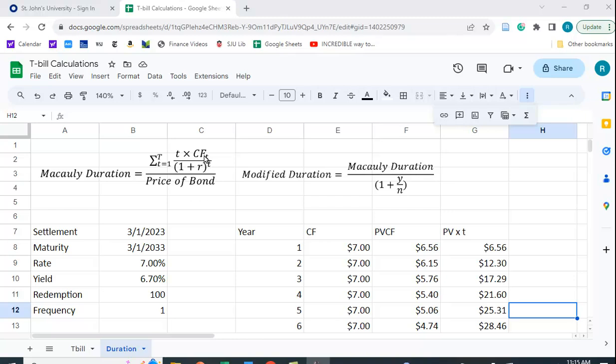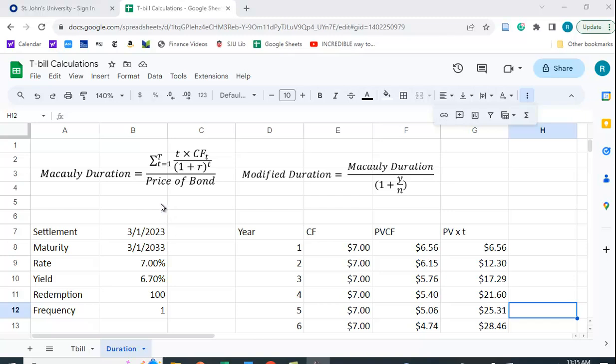For 2, it's the fraction of the bond's price you get in year 2. Then we multiply it by each year: 1 times the fraction you get in year 1, plus 2 times the fraction you get in year 2, etc. That gives us the average amount of time it takes to get your money back.